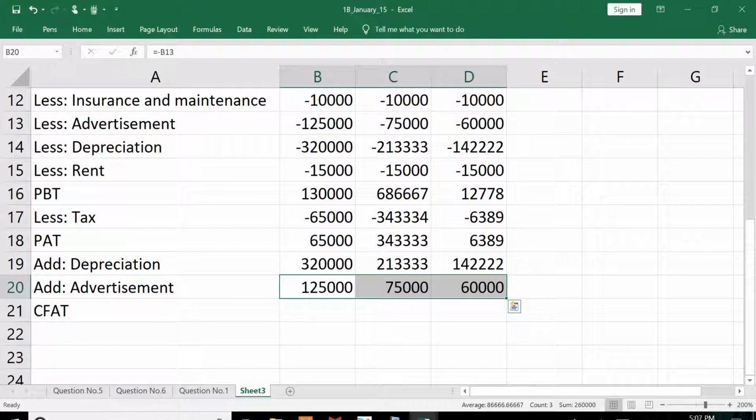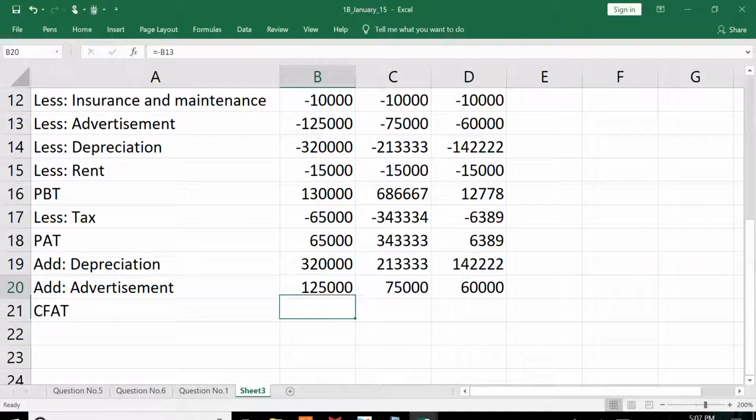Even for the other years, I'll explain it. What you have done is we have written 75,000 in year 2, but that is beginning of year 2. Technically, it becomes end of year 1. So I add it back.